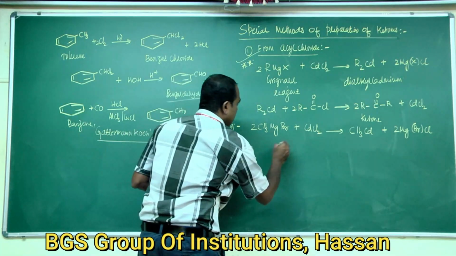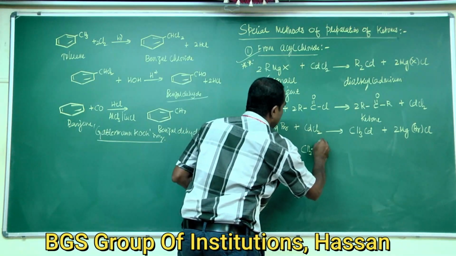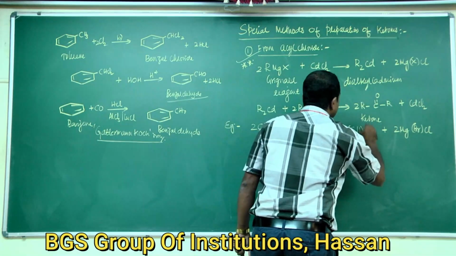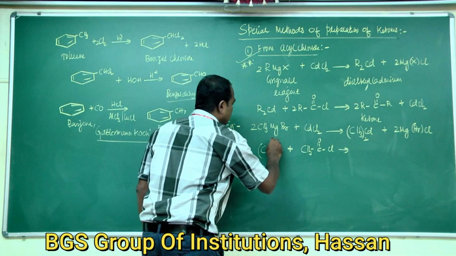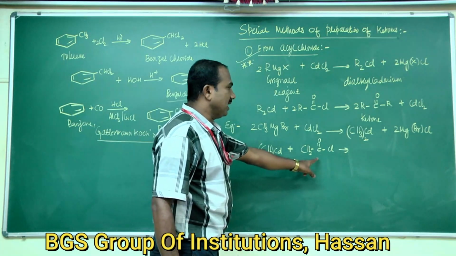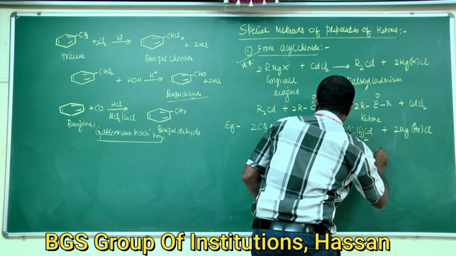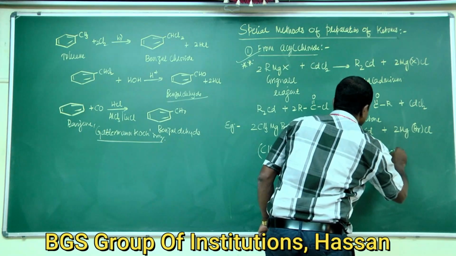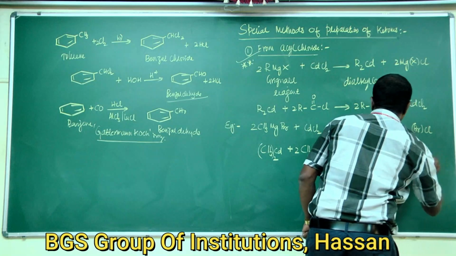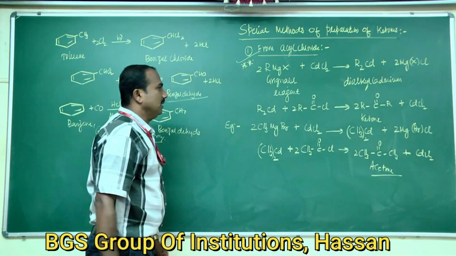Dimethyl cadmium, on treating with acetyl chloride, CH3COCl, gives acetone, CH3-C(=O)-CH3, plus CdCl2. This is acetone.